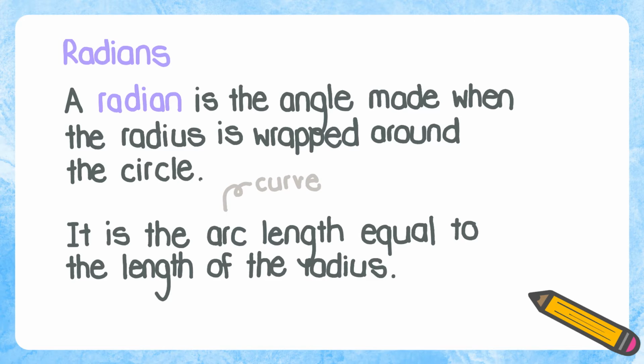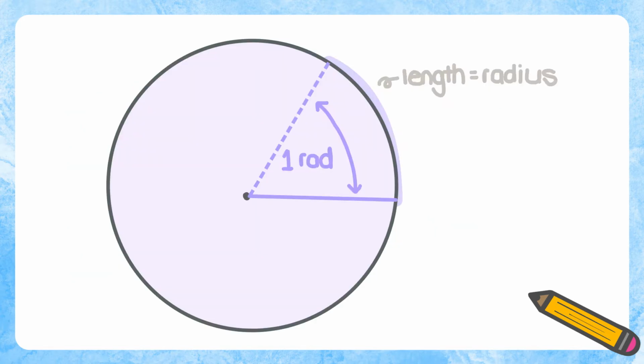And arc is just a fancy way of saying curve. So 1 radian is basically the angle measure created when the radius is wrapped around the circle. It's like placing the length of the radius on the border.